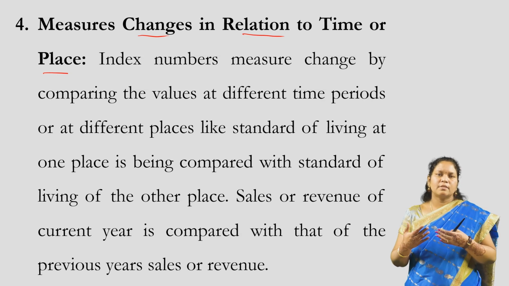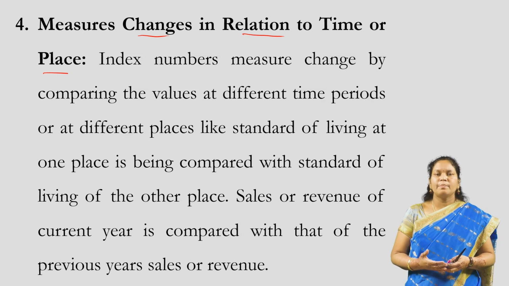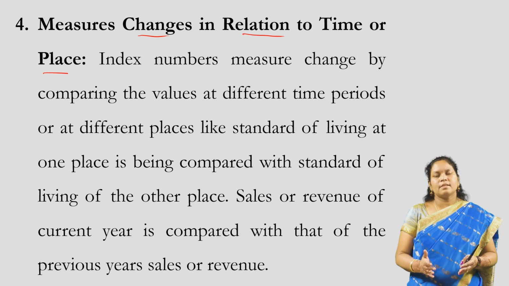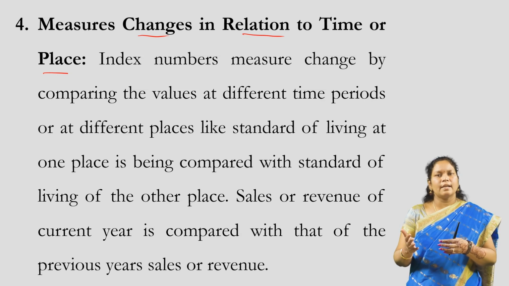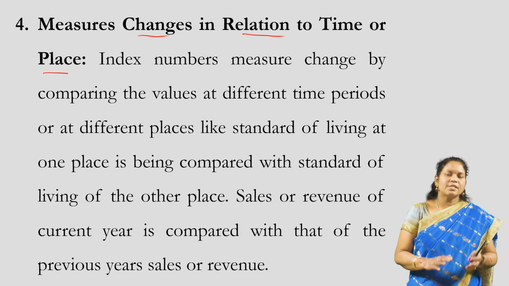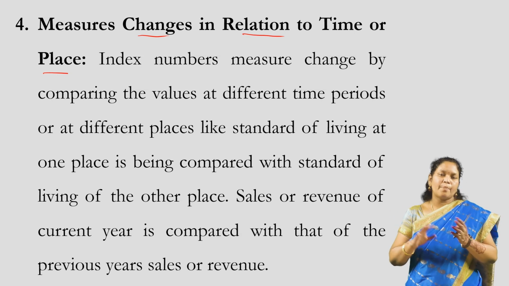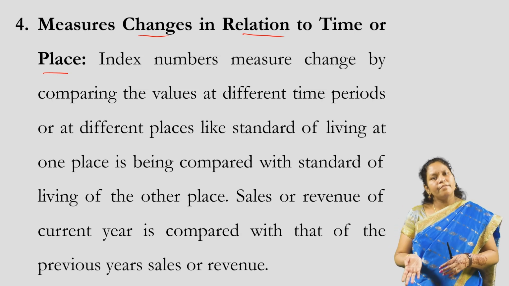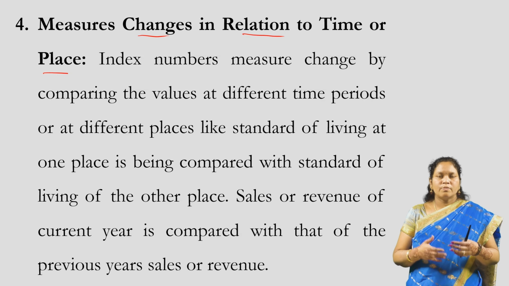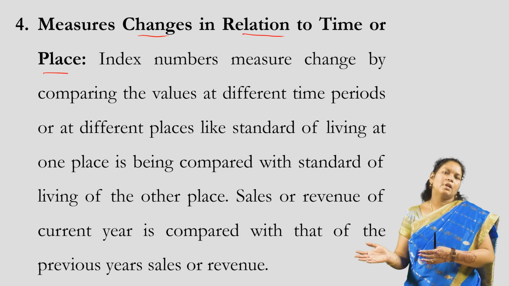If you consider the average income of middle class people, in thousands or in lakhs, there is a vast difference with upper middle class, high class or very low class. So in income itself we have a lot of variation.